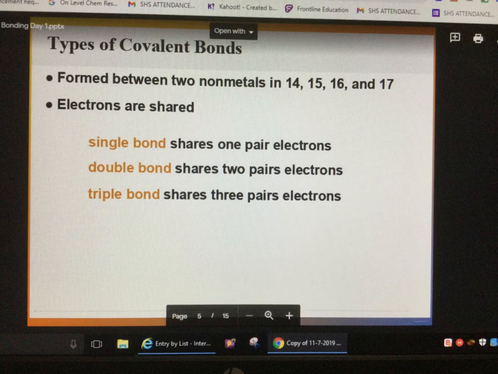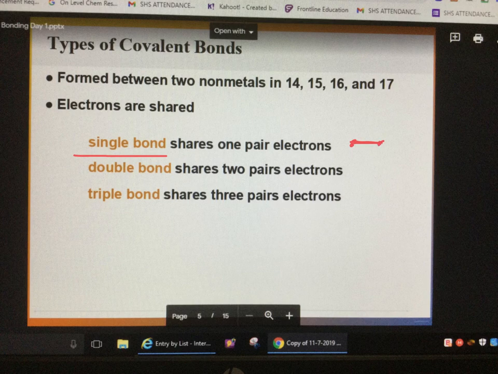I know we've gone over the single bond, double bond, and triple bonds, but let's recap and make sure that everyone's still okay. When you have a single bond going from nitrogen to carbon, you're going to have one electron on one end and another electron on the other end.